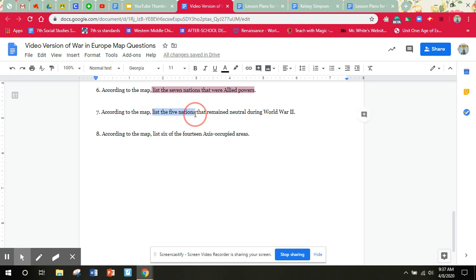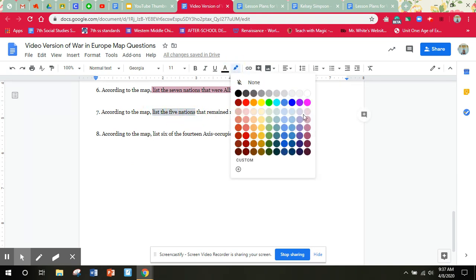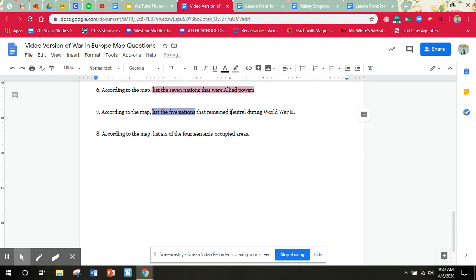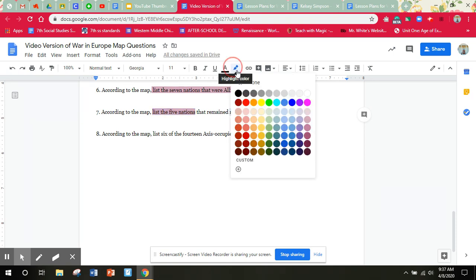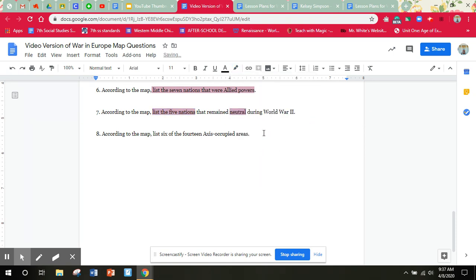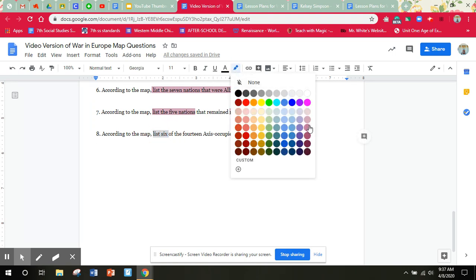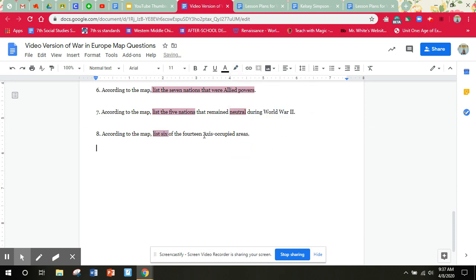So we are listing 5 nations who were neutral. According to the map, list 6 of the 14 Axis occupied areas. So we are listing 6. There are 14 of them, but we're just looking for 6 Axis occupied areas.